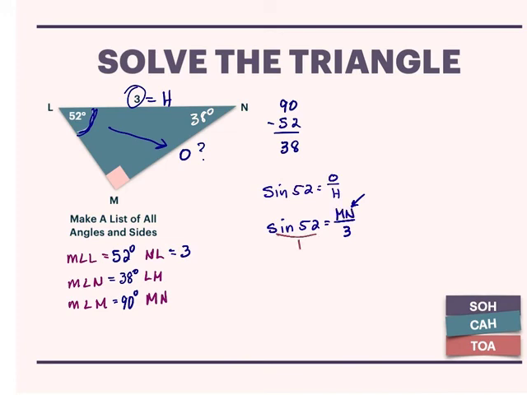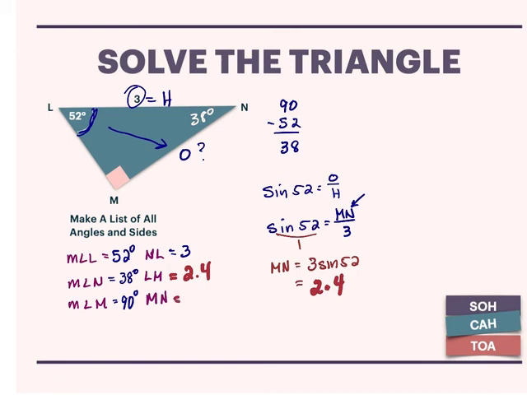Now this is over 1, so 1 times MN, which is just MN, equals 3 times the sine of 52. So I take the sine of 52 times 3, and I get 2.4, we'll call it. So MN is 2.4 units long.